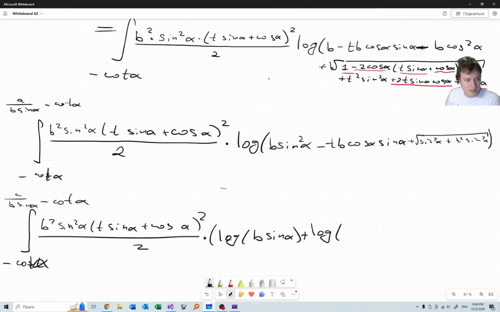Let's see. So this is sine alpha minus t cosine alpha. Also, it should be b times all of this. And if we remove b and sine alpha, it becomes simply square root of 1 plus t squared.